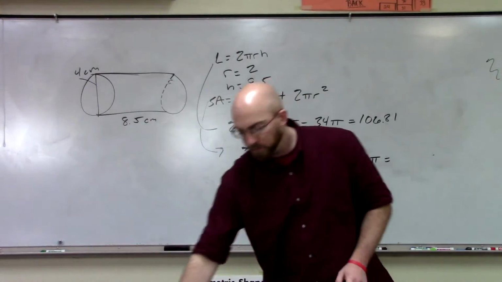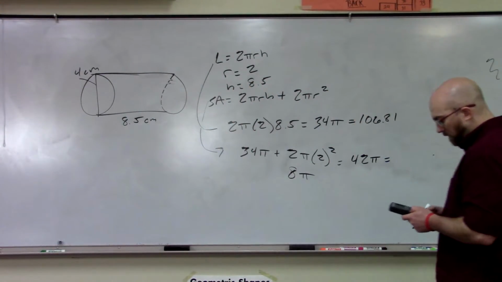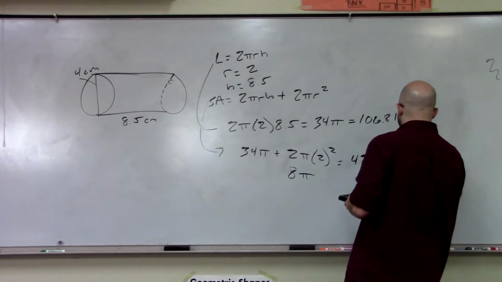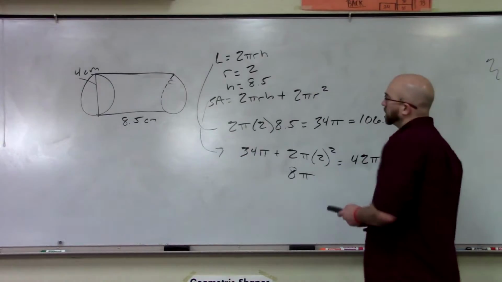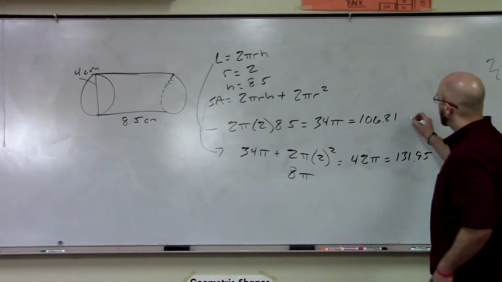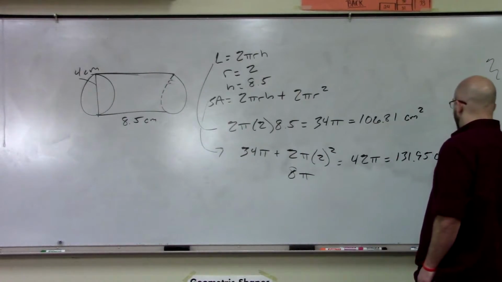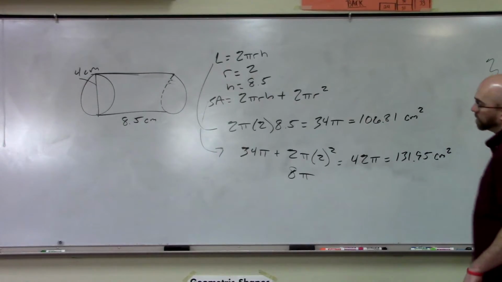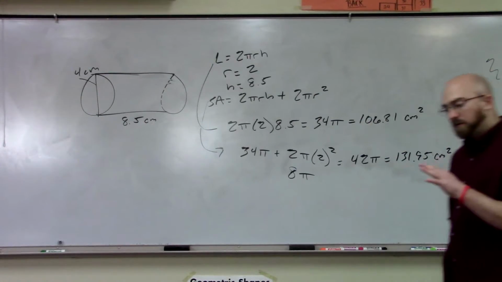Which also equals 131.95. Okay, and cylinders, we found the area again, so it's centimeters squared. All right, so that's how we find the lateral area and surface area of a cylinder.